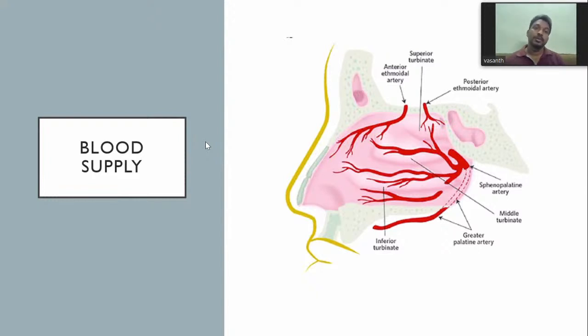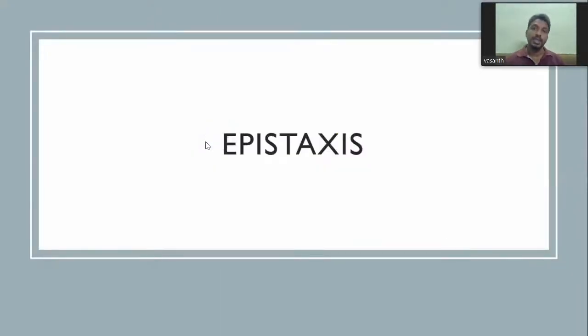So the next repeated and very important question was epistaxis. Usually the question starts like this: what are the causes of epistaxis? Sometimes it might be a case history: a 6-year-old child came with epistaxis, how are you going to manage it?